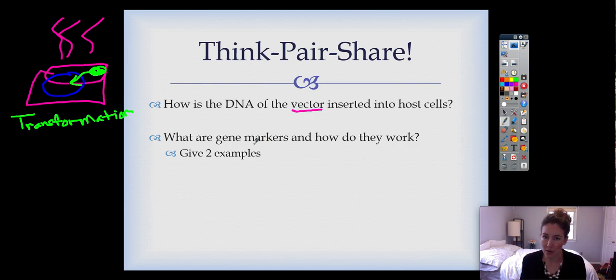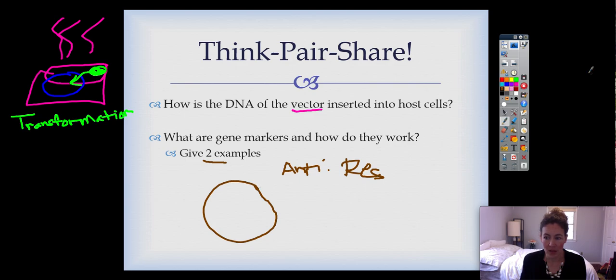What are gene markers? How do they work? Well, it says give 2 examples, so that gives us a hint. There are 2 types of gene markers. So what are they? First, we have antibiotic resistance, which was where in that plasmid they do have genes and sections that allow them to resist certain types of antibiotics.